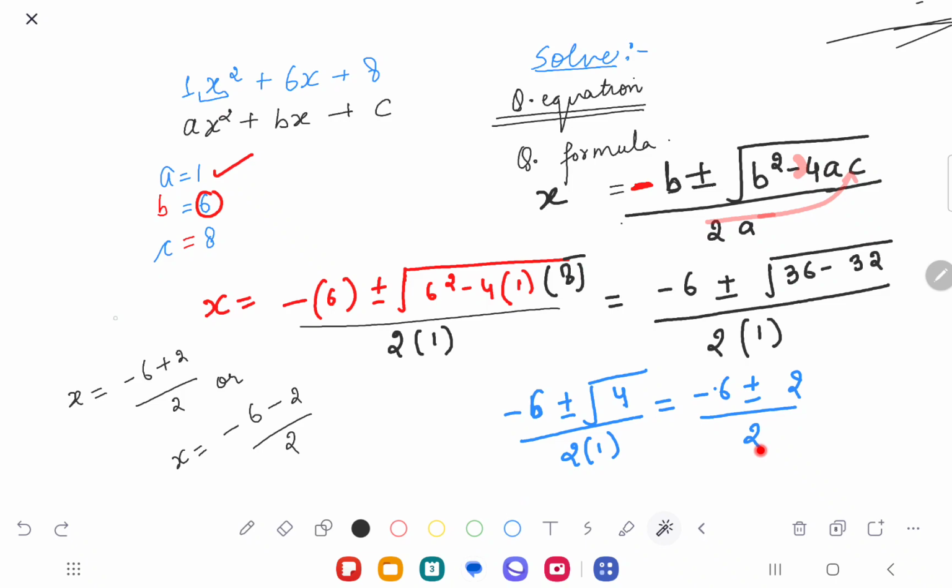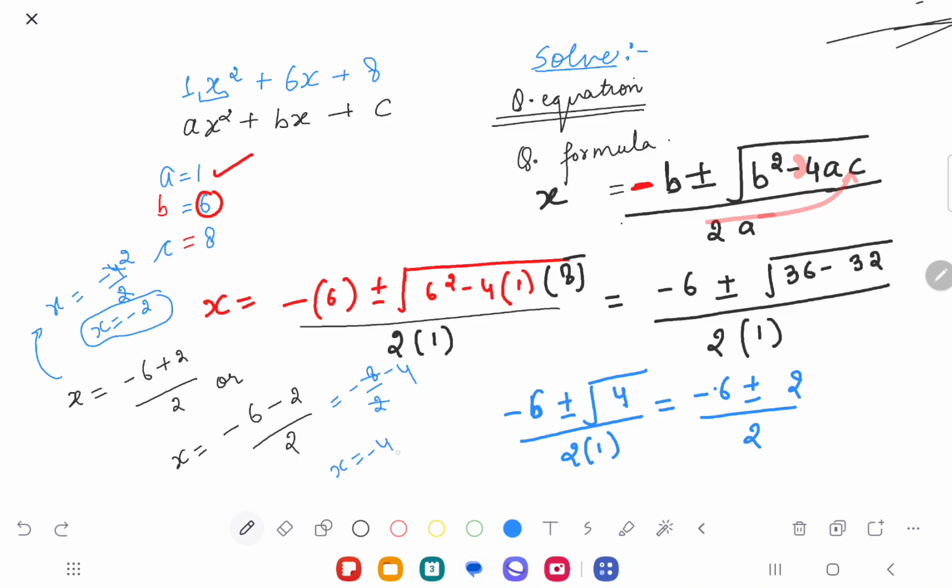So if you solve, you will get x equals minus 4 over 2. Why minus 4? Because minus 6 plus 2, so the bigger number's sign we finally follow. So minus 4 over 2, and if you solve it out, you get x equals minus 2. Yes or no? And here you get minus 8 over 2, so you will get minus 4.